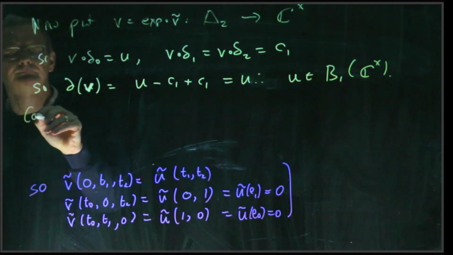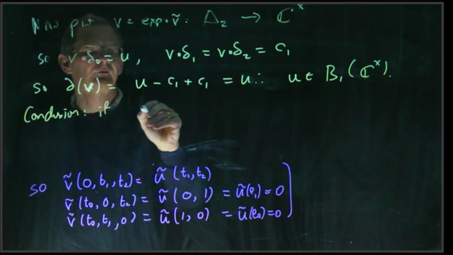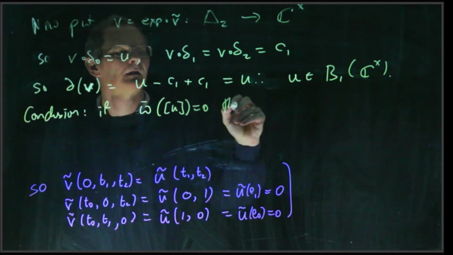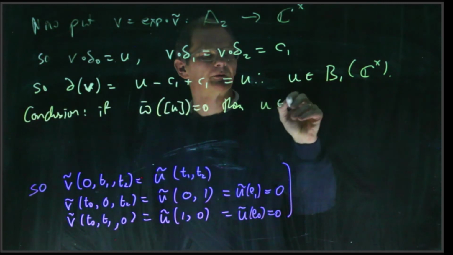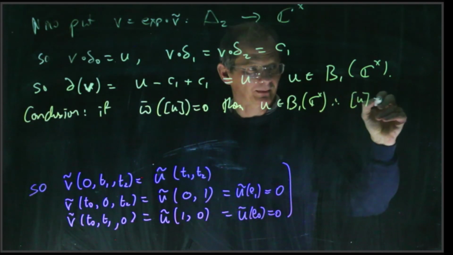So the conclusion is that if omega bar of u is 0, then u is in B1, and so square bracket u is 0.